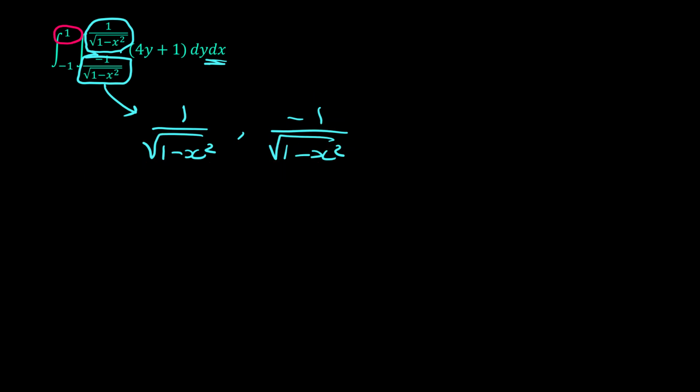So the upper limit and the lower limit of this double integral approach infinity when x gets close to -1 and 1. For this reason, this is an example of an improper integral. First, for finding this improper integral, we have to calculate this inner integral, the integral of the function 4y plus 1 with respect to y.